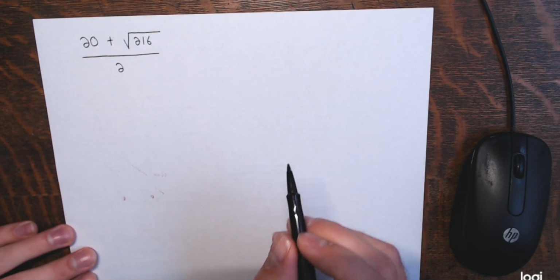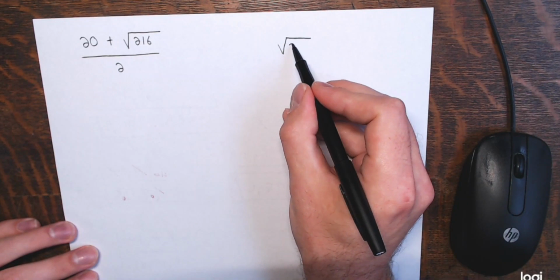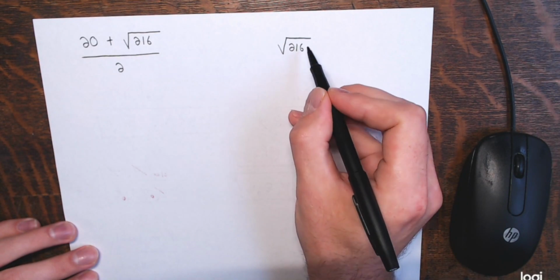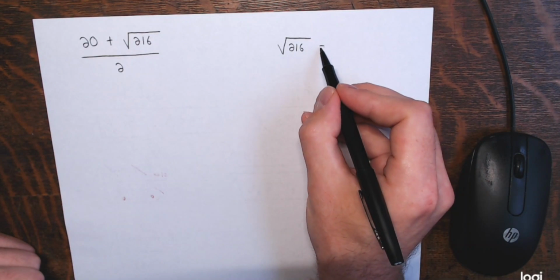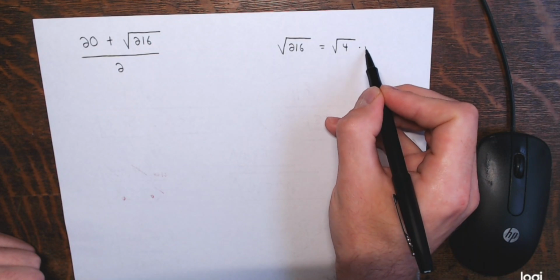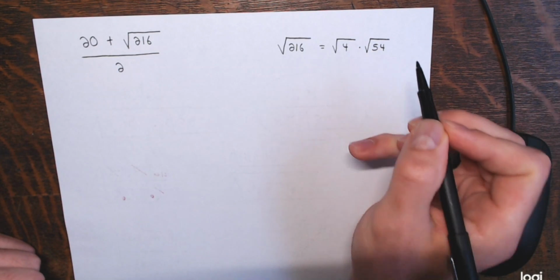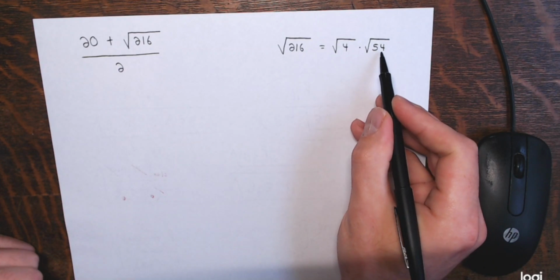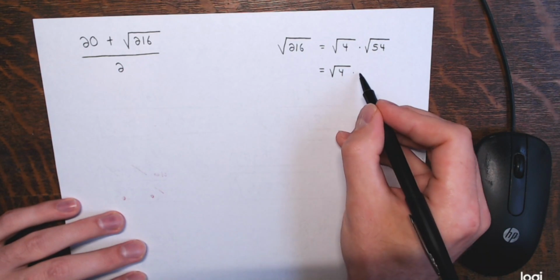Now off to the side, the square root of 216. 216 is 4 times 54. And in fact, 54, I can break up even more with a perfect square, is 9 times 6.